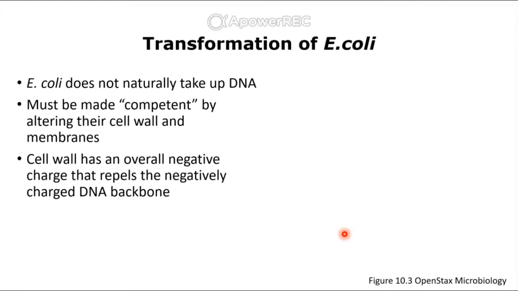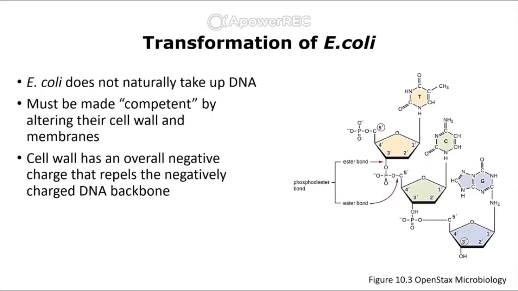So what happens in the lab is bacteria do not naturally take up DNA. So scientists make the E. coli competent by altering their cell wall and membranes. The reason why this is necessary and the reason why this works is because the cell wall has an overall negative charge, and this repels the negatively charged DNA backbone.